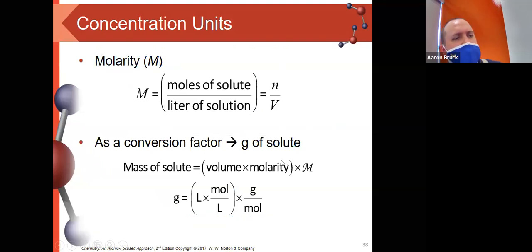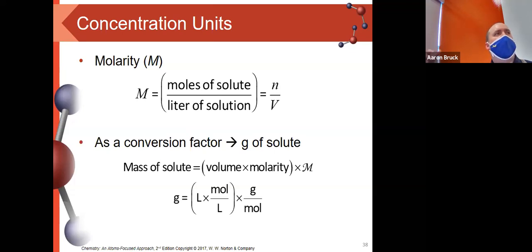Another common concentration unit is that of molarity. Molarity is the number of moles of solute per liter of solution. Now, molarity units are probably the most common units in our laboratory, and this is because molarity units tend to be used when higher concentrations of substances are present.